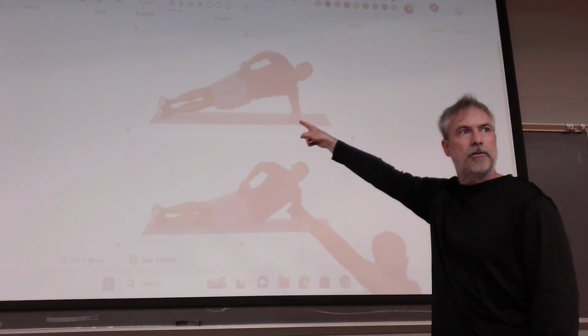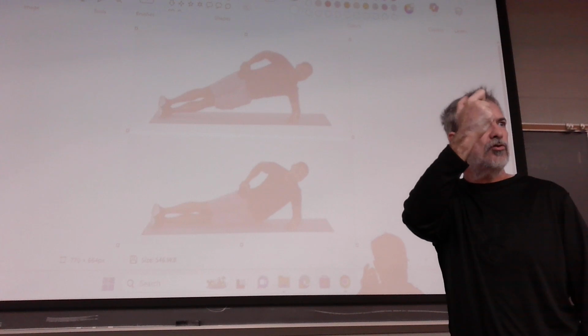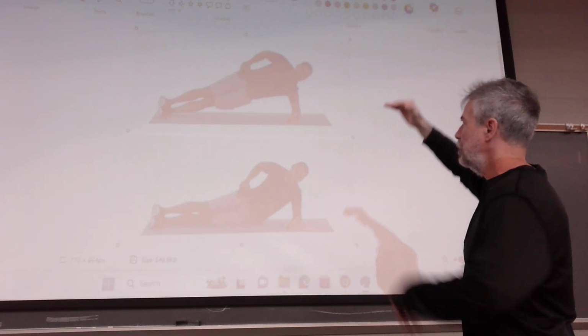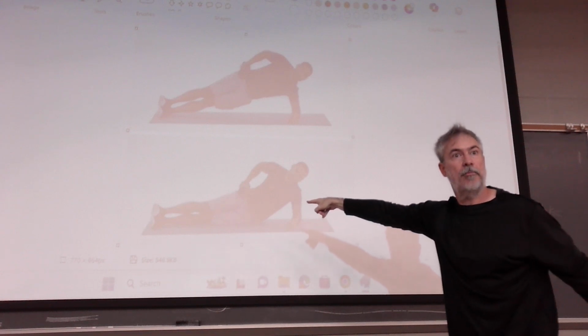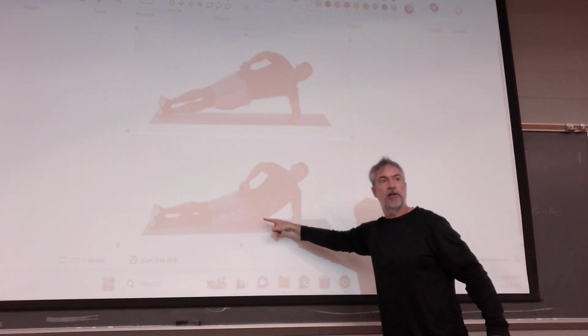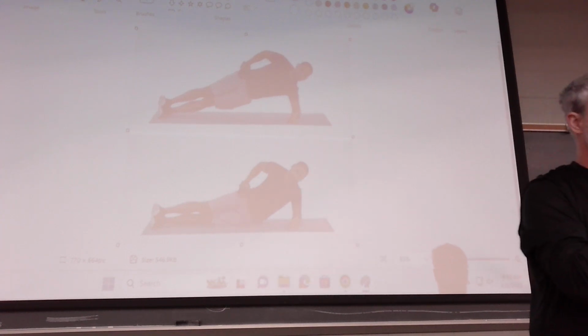When he's at the top, if I have a magic remote control that can control muscle activity, and I turn all of his trunk muscles off, that's what's going to happen. This new position is showing you what the external forces are trying to cause at the trunk.